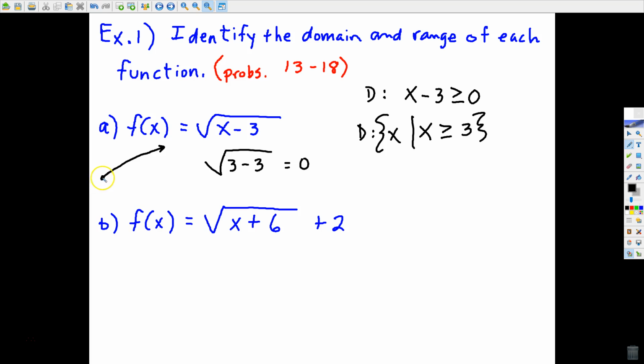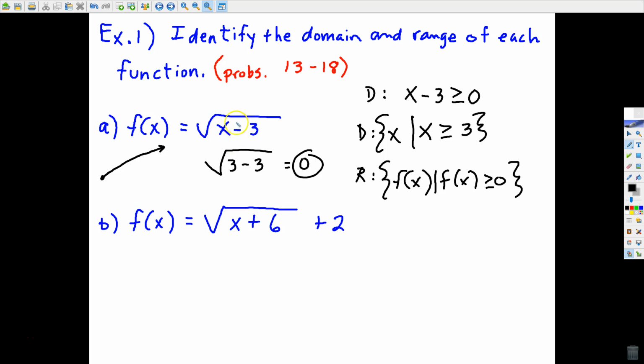It starts here, and when it's not negative, not reflected, this would actually be the very bottom, and it's just going to gradually rise from there. So my range then will be f of x such that f of x is greater than or equal to 0. Alright, hopefully you can see that.